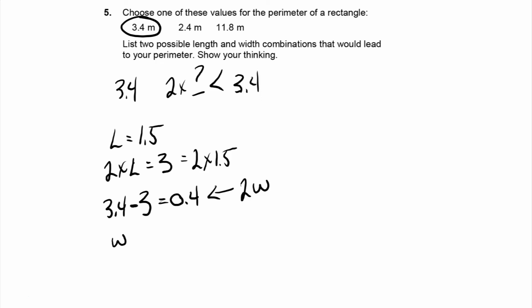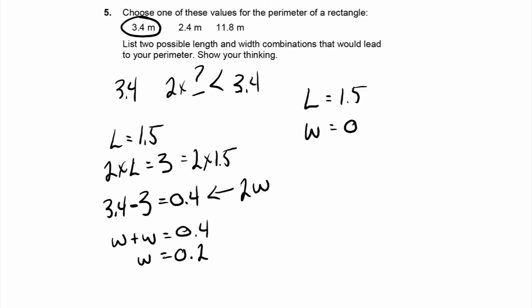So if width plus width is equal to 0.4, then I can assume that one width is just going to be equal to half of that, which would be 0.2. So I end up with a length of 1.5 and the width of my rectangle as 0.2.